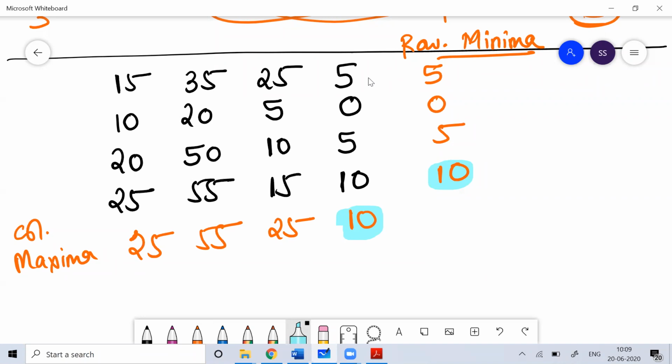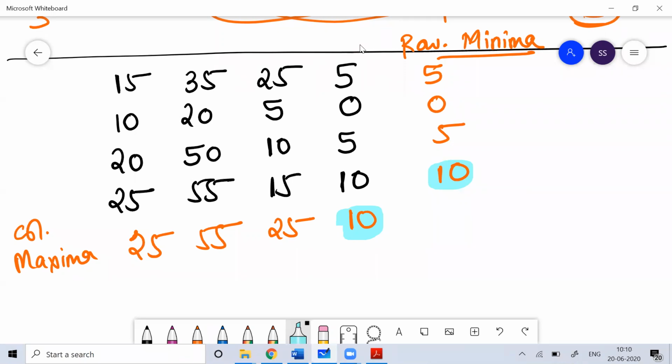The smallest elements of the rows are 5, 0, 5, 10, and the largest elements of the columns are 25, 55, 25, 10. The maxima of row minima and the minima of column maxima are both equal to 10. If they are equal, your work is done.